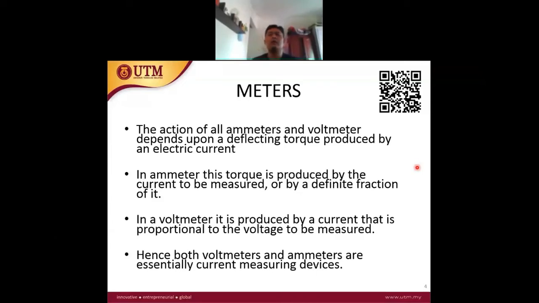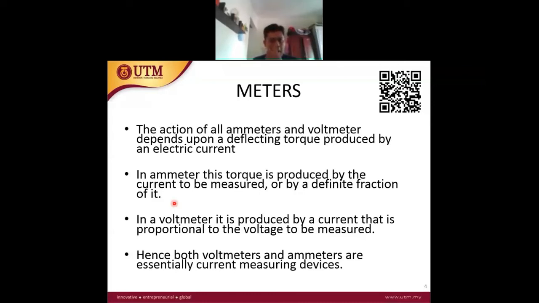So analog measurement devices share the same concept as a simple electrical motor, but with some modification that we will look into later. Okay. Whether ammeter or voltmeter, the deflection is due to the current that flows through the device.